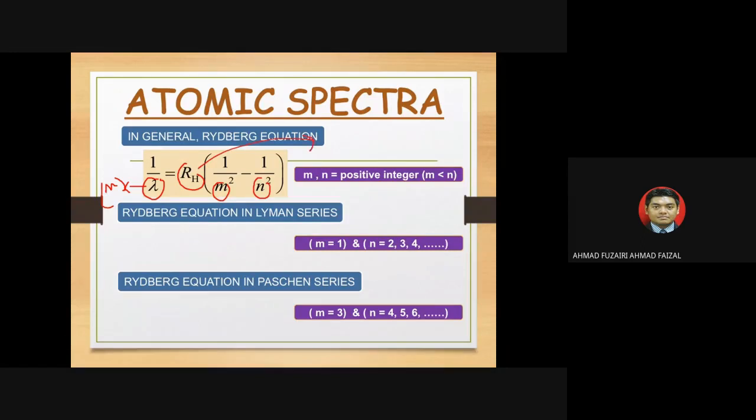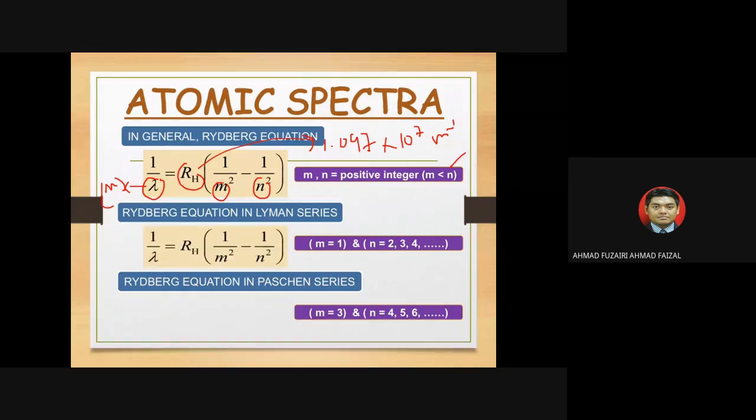And remember, the Rydberg constant is given by 1.097 times 10 to the power of 7 in the unit per meter. The values of m and n refer to positive integers of the principal quantum number, and the integer m should be less than n.